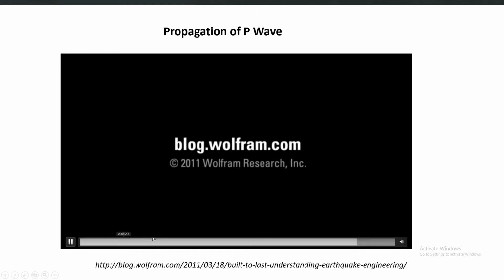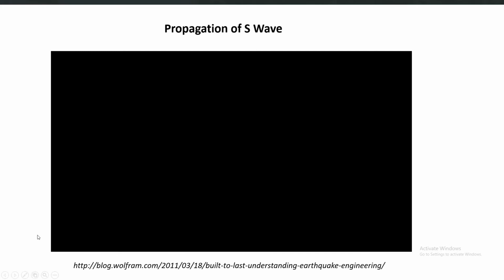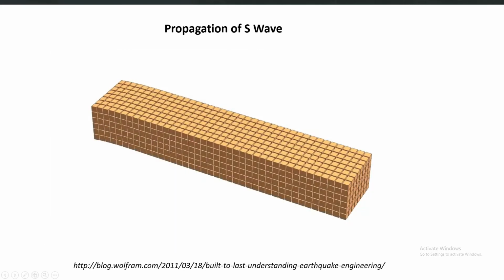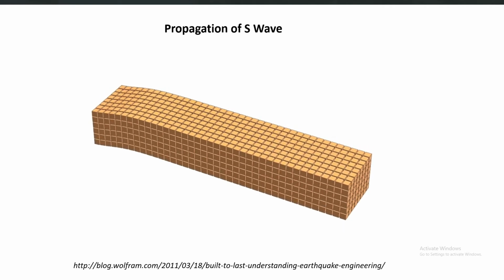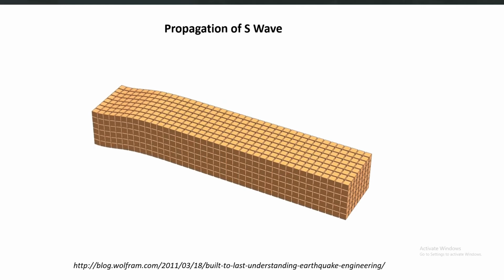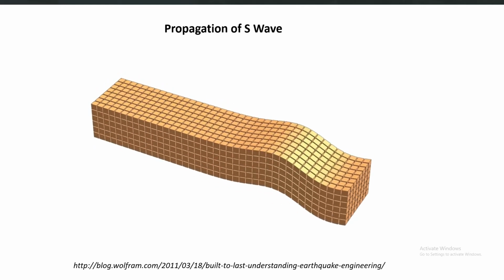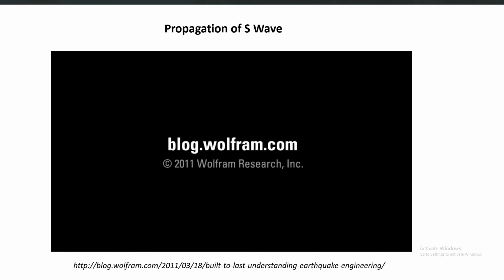On the other hand, you also have another type of wave which is called S wave. Let me show you that one also. Here you can see this is also a disturbance or a deformation which is traveling along the length of that material. But this time now every particle is moving up and down, and that movement is perpendicular to the direction of the wave.